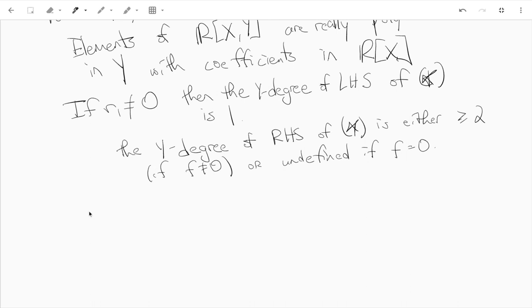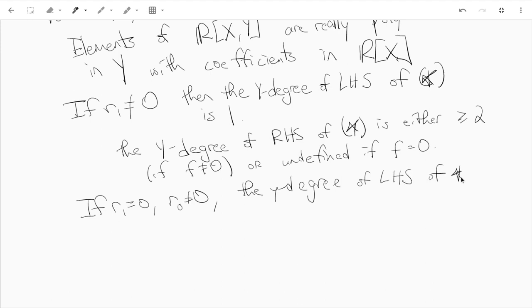So let's just summarize. If r1 equals 0 and r0 is not equal to 0, the y degree of the left-hand side of star is 0, and if both are 0, the y degree is undefined.